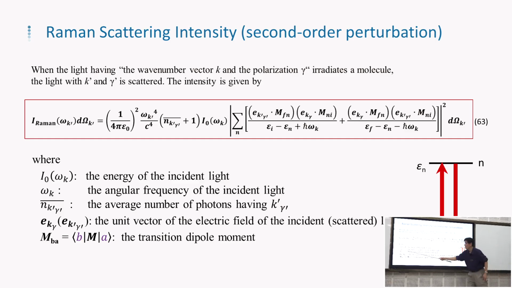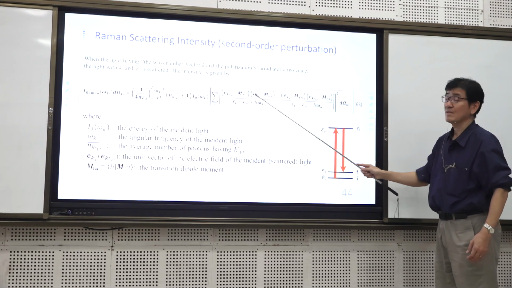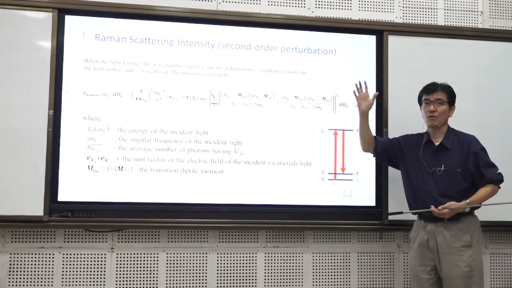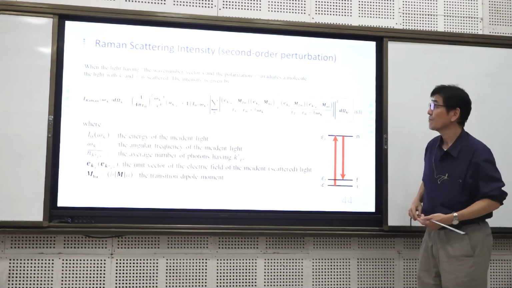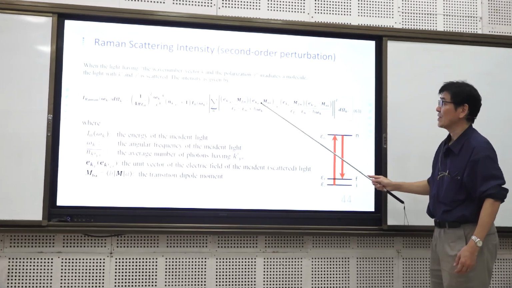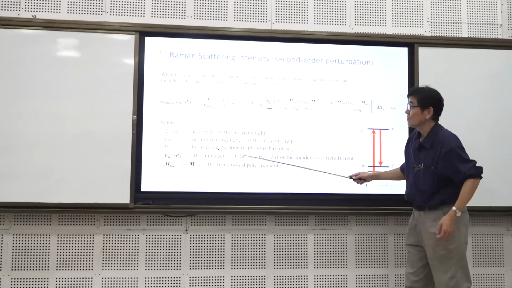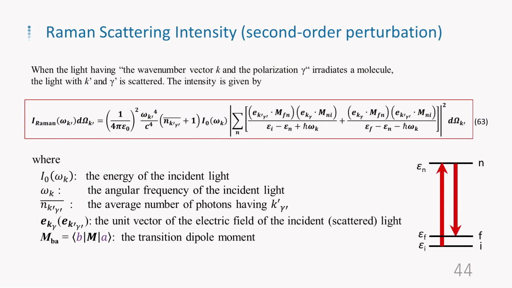Okay, please note that k prime gamma prime is different from k gamma. k prime gamma prime indicates the wave number vector and polarization of the scattered light. k gamma is that of the incident beam. This is scattered light. So n bar indicates the average number of photons having k prime gamma prime. This is the number of photons of the scattered light.